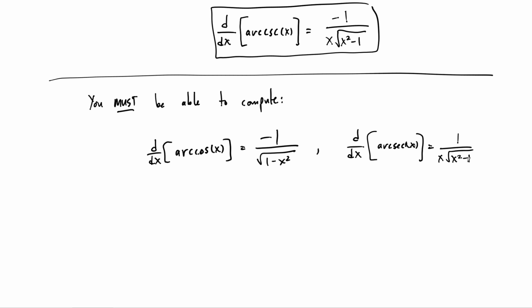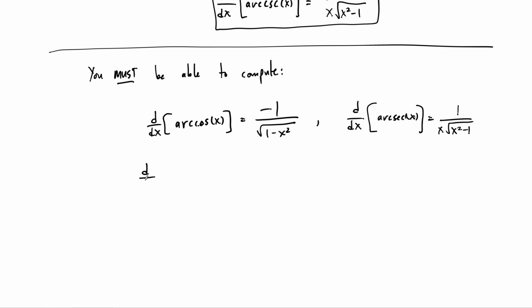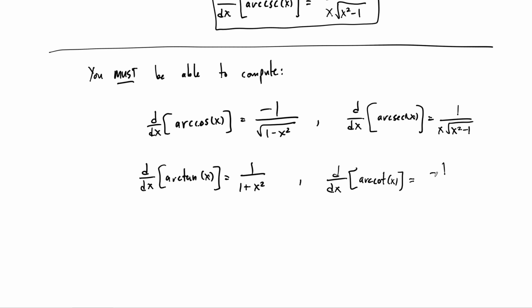Then there are two more. The derivative with respect to x of the arctangent function is 1 over 1 plus x squared. And the derivative with respect to x of the arc cotangent function, which we defined the same way we did the arc secant and the arc cosecant, turns out to just be the negative of 1 over 1 plus x squared.